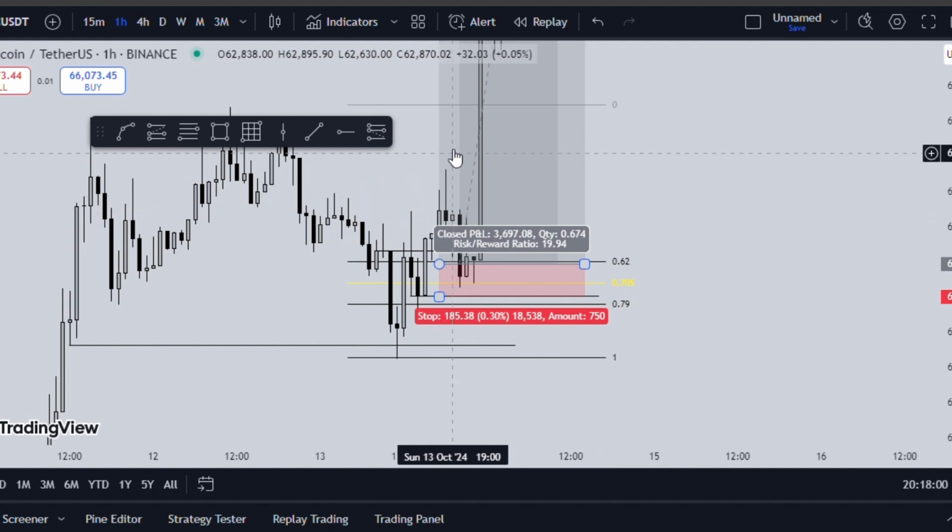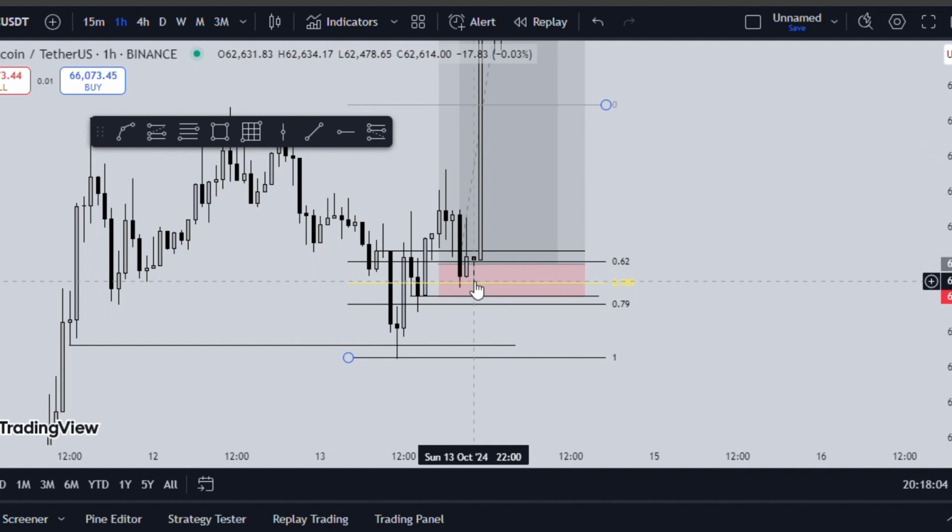I felt like it wasn't going to come way down here to the 0.7. That's what I thought at first, because I saw this other block here. I felt like, okay, then it will just maybe come down, maybe give me an entry on this other block.